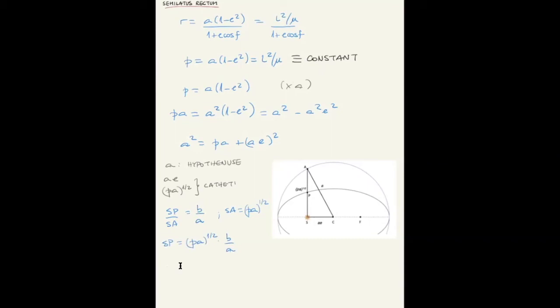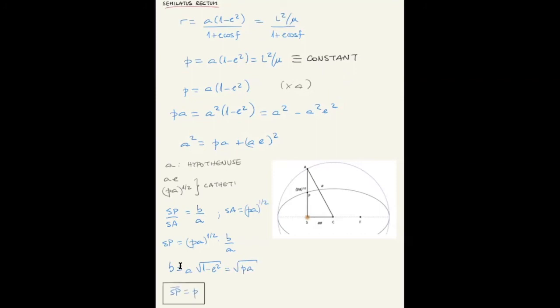Well, we also know that the semi-minor axis is equal to a times the square root of 1 minus e squared, which from the definition of p is equal to the square root of pa. So we can substitute the semi-minor axis into the equation and find that SP is equal to p.